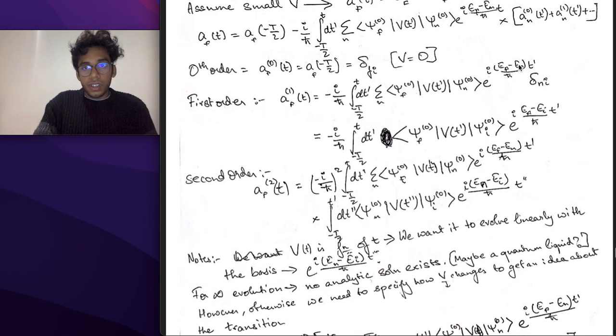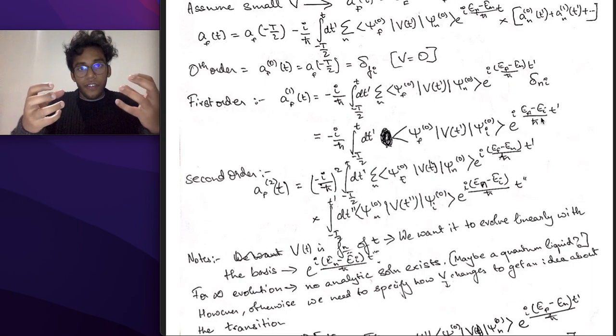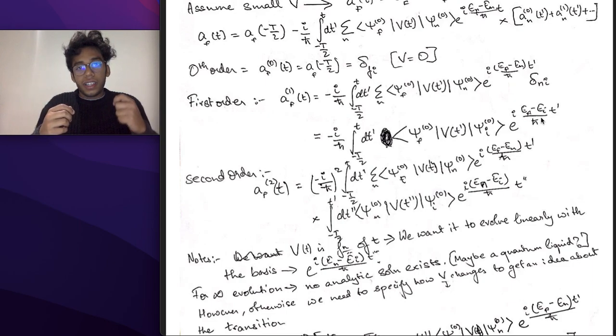What you see, the interesting thing to notice here, is the e to the power of i (e f minus e n) by h bar, where e n is nothing but e i. In this a f coefficient, if you have ef equal to ei, then your whole integral changes.